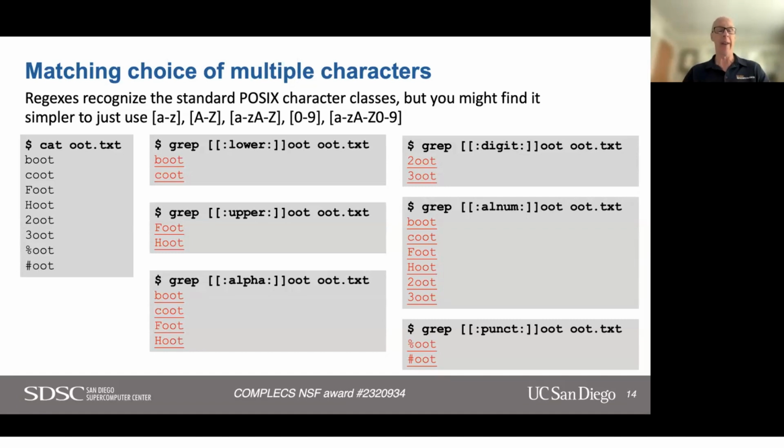This is really, really handy because otherwise, if you're looking to match all of the possible punctuations, you would have to go through your keyboard and manually type all of those in: the period, colon, semicolon, comma, question mark, exclamation point, percent, pound sign, and it would be very, very easy to miss some of those. We're going to see an example a little bit later where we might want to use the punct character class.